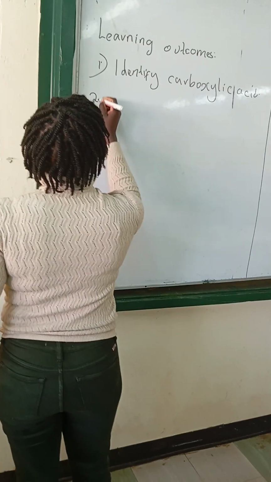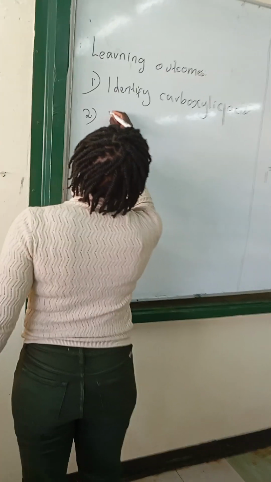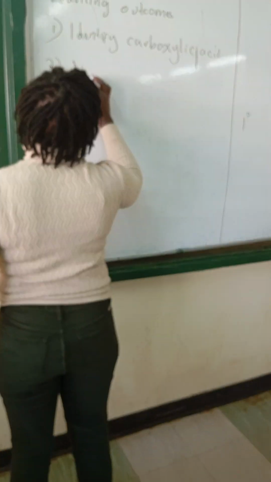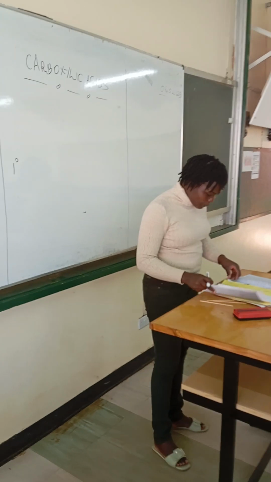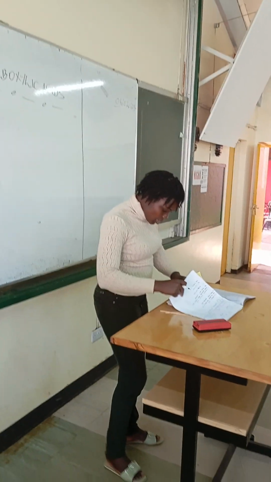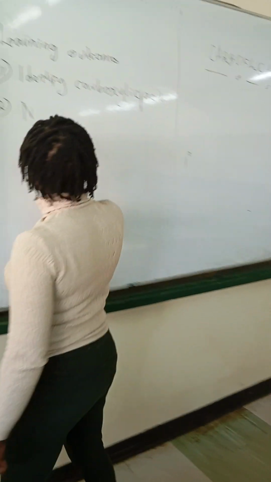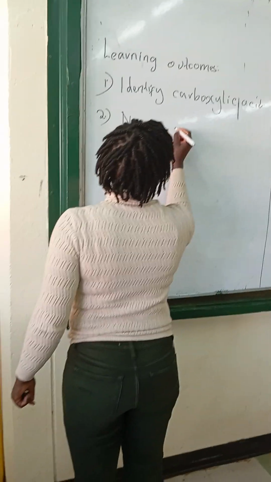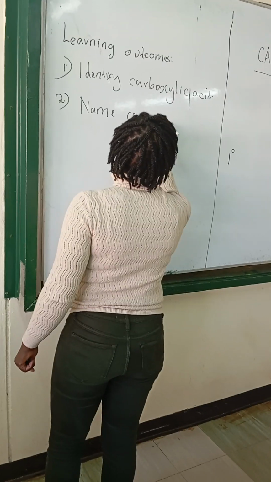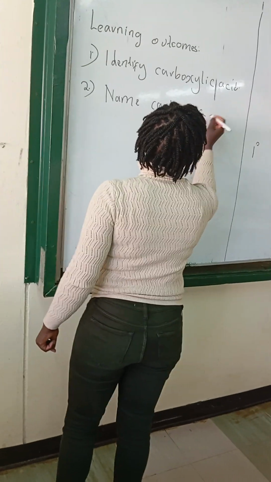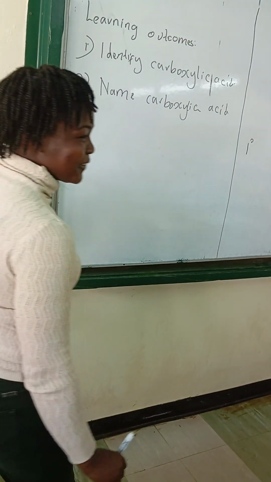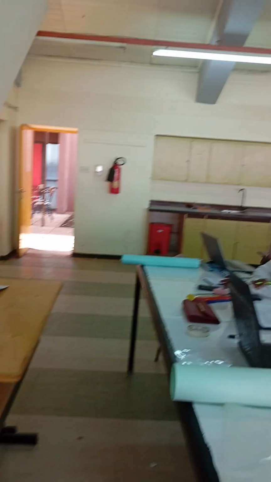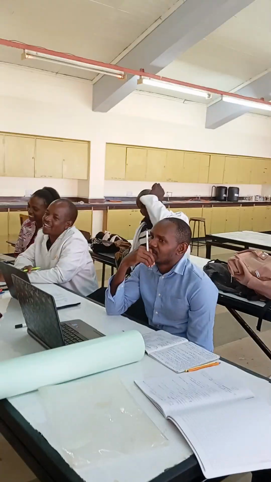Our second learning outcome is to name carboxylic acids. And we use which system to name organic compounds? Yes, name carboxylic acids using the IUPAC system.